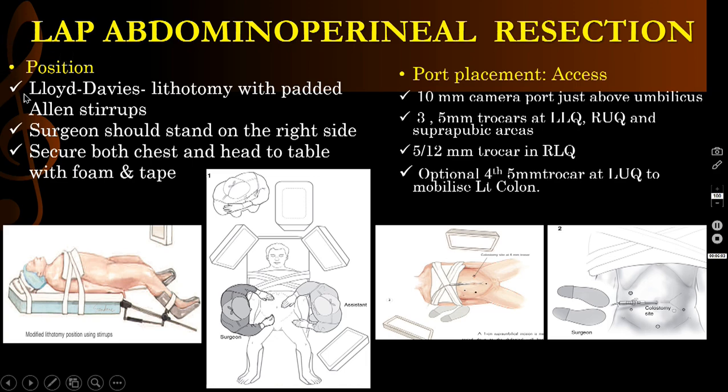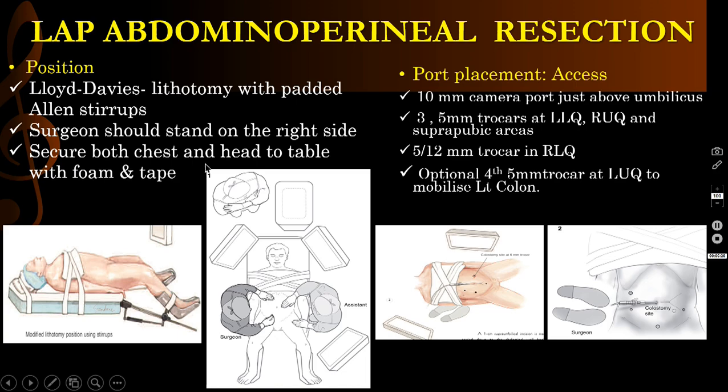So the first thing is the position of the patient. I've already told you it is the modified Lloyd-Davis lithotomy position with padded Allen stirrups. This is what you are seeing in this picture. Surgeon should stand on the right side, the assistant on the left side.